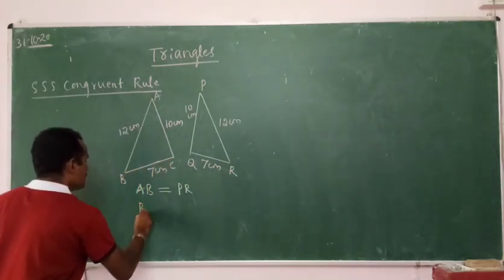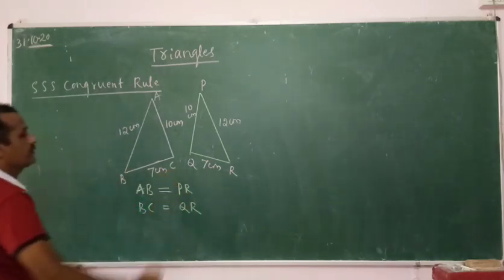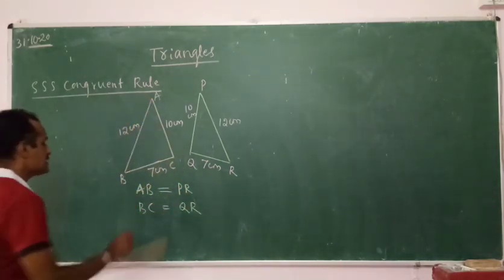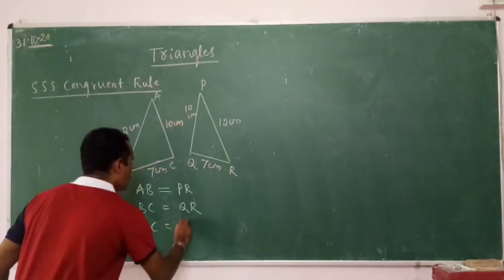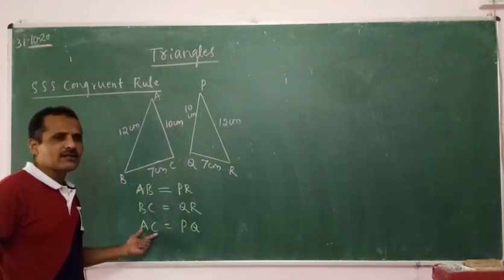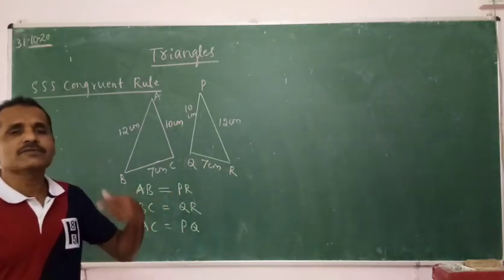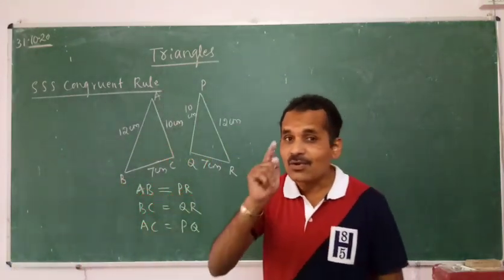BC from here equals QR, and AC from here is equal to PQ. When the three sides from the first triangle are equal to the corresponding sides of the second triangle, definitely we can say the two triangles are congruent.